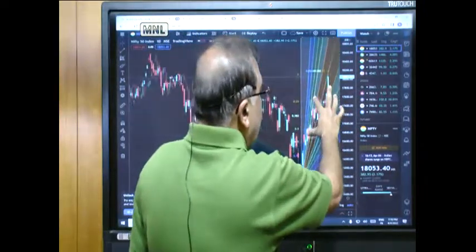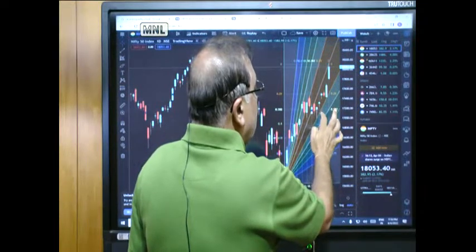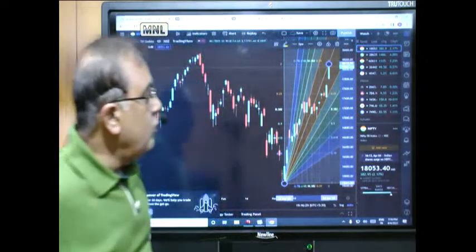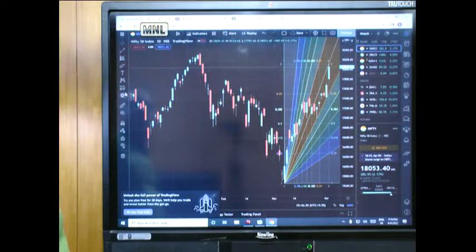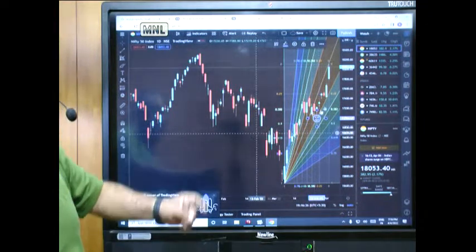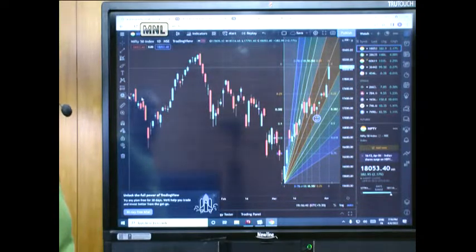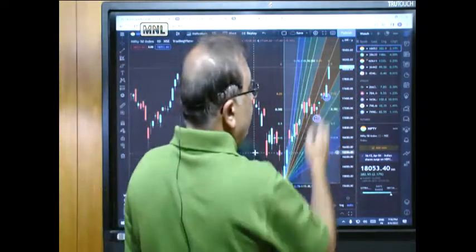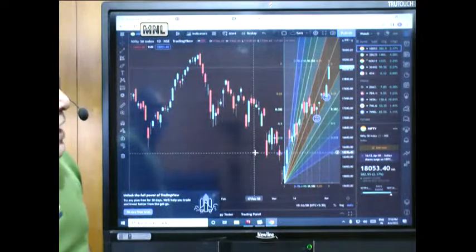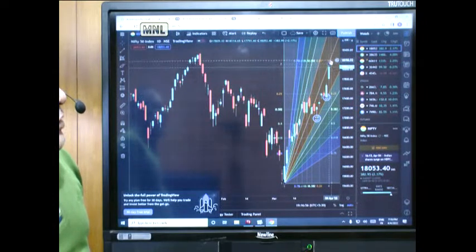See, for example, at this place, and at this place. These are the two places where you can see supports coming. So the same support can come when it falls also, right? Similarly, the same line will now offer a resistance also.